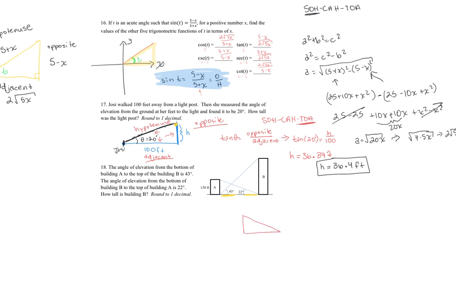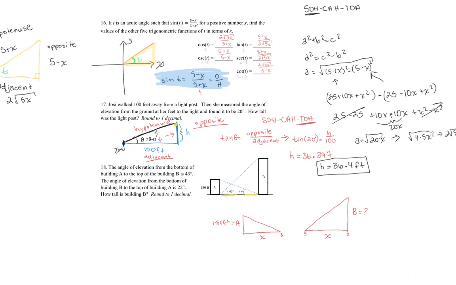So this is my building A, which we know is 150 feet tall, right? And this is the ground between A and B. So A, B. So now I'm going to draw B, right? This is what we're looking for. And this is from B to A. So if you notice here, this distance and this distance are the exact same, right?